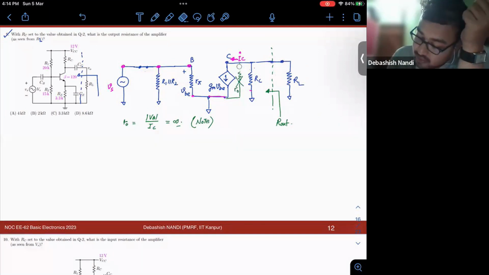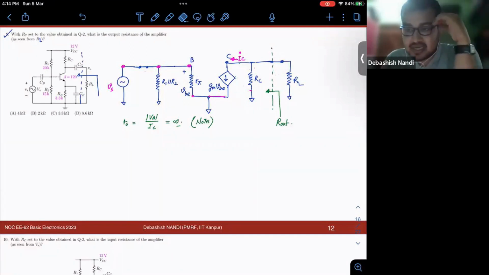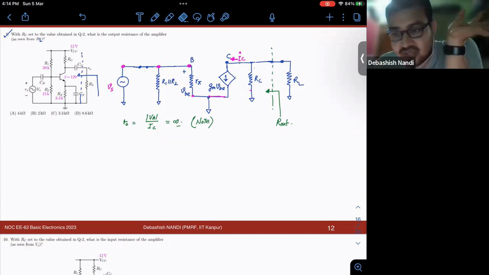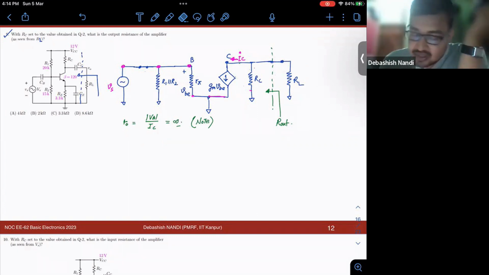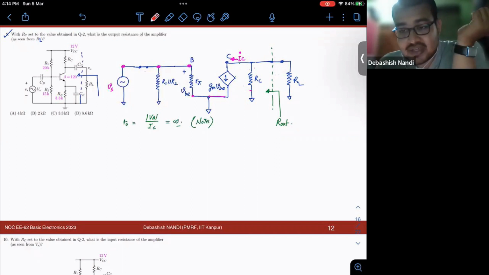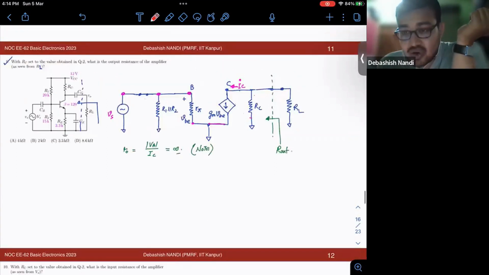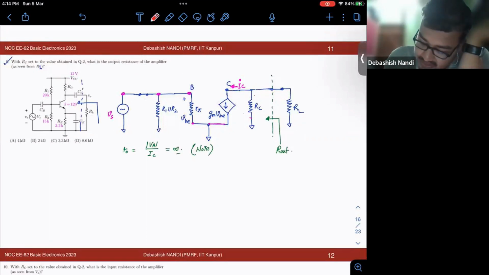To calculate output impedance is a very trivial task. It is similar to calculating your Thevenin resistance, right? So how did you calculate your Thevenin resistance? You calculated it by making sure that all the independent sources are null. So this is my independent source. Let us null this. That means it is shorted, that means it is 0 volt.